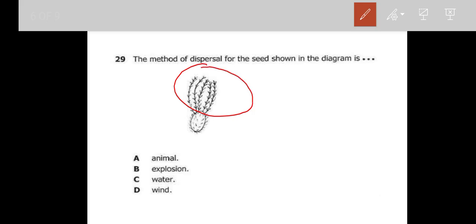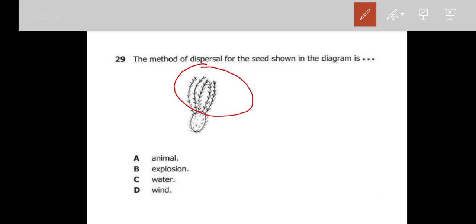And what agent of seed dispersal can be helpful when it comes to seeds which have hooks? There we have animals, water, explosion, and wind. So if it has hooks, it can be dispersed by animals.